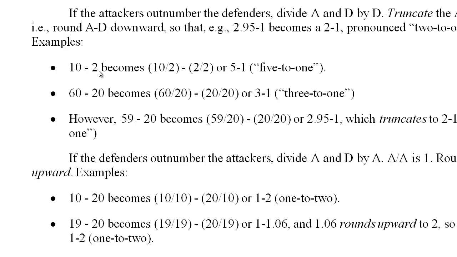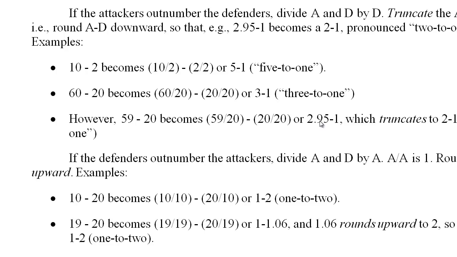Thus, a 10 to 2 becomes a 10 over 2 to 2 over 2, or 5 to 1. 60 to 20 becomes 60 over 20 to 20 over 20, or 3 to 1. However, 59 to 20 becomes 59 twentieths over 20 twentieths, or 2.95 to 1, which truncates to 2 to 1.